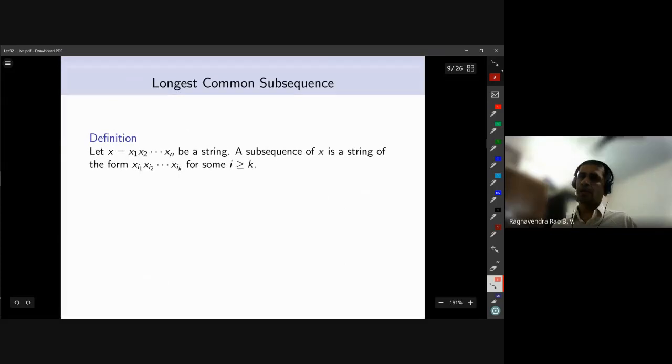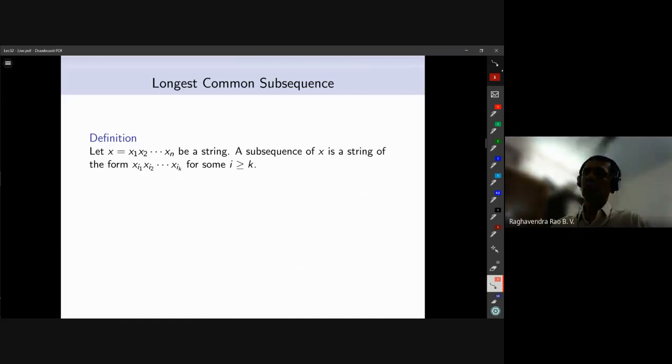Okay, so let's come to our first problem for today. This is about computing a subsequence which is common to two given strings. Let's first define what a subsequence is. Consider a string where the characters are x1 to xn. A subsequence is when you just pick a subset of letters and write them in that order.